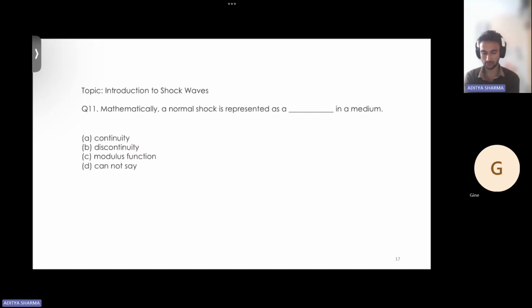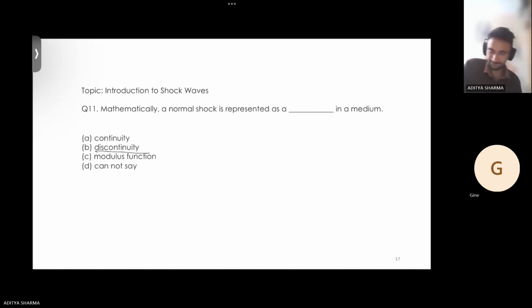Yes, what is the answer to this question? Discontinuity, option B. So Harshit also says discontinuity.